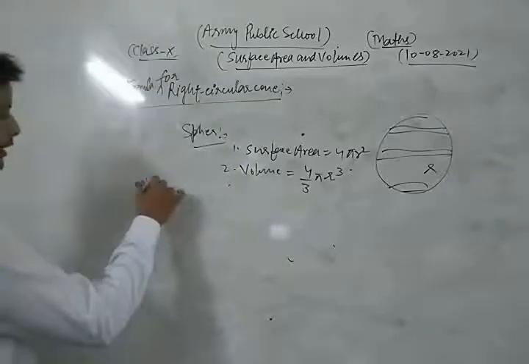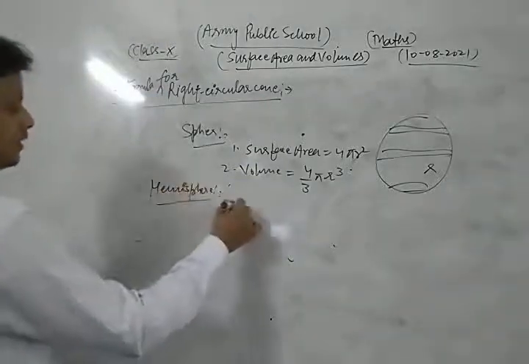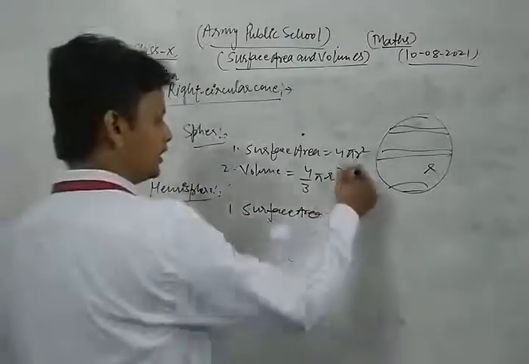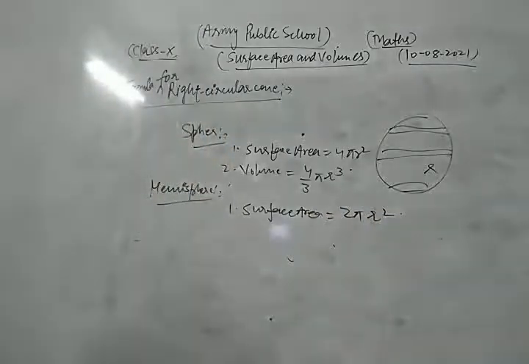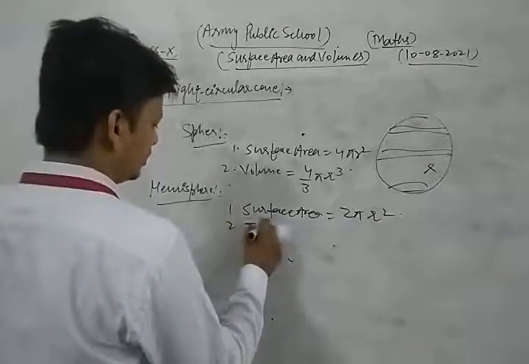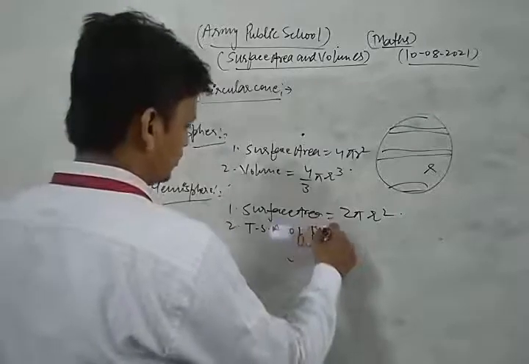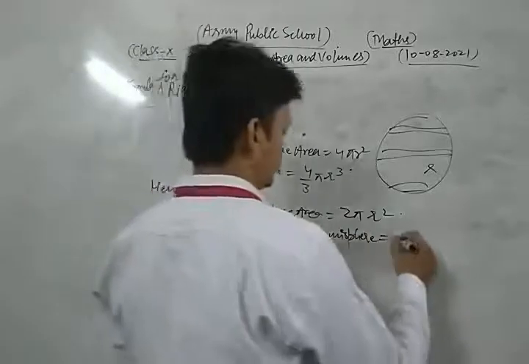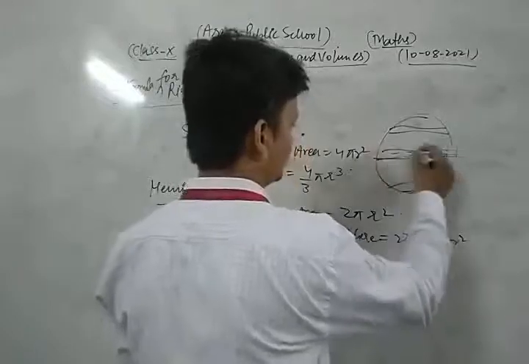Now, in hemisphere, the first formula is curved surface area of hemisphere. Surface area of sphere divided by 2 gives 2 pi R square. If we discuss the total surface area of hemisphere, we get 2 pi R square plus pi R square, because if we cut that side, this portion is also included.